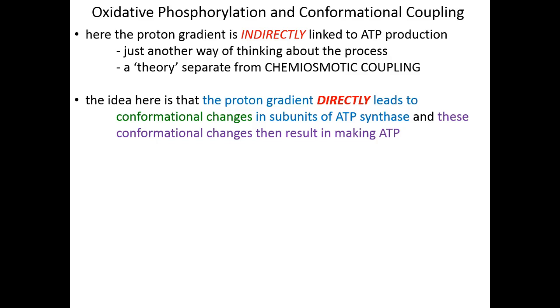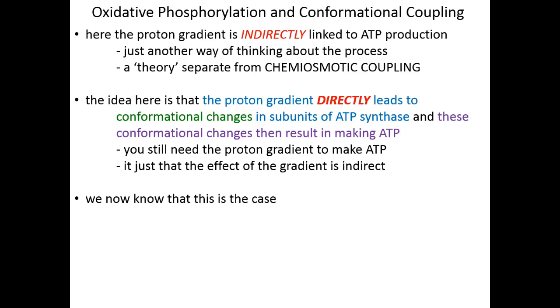Remember, chemoosmotic coupling says no proton gradient, no ATP. Conformational coupling says proton gradient fine, but if you can get conformational changes without a proton gradient, you would still make ATP. The thing that is directly making ATP in conformational coupling are these conformational changes of ATP synthase.